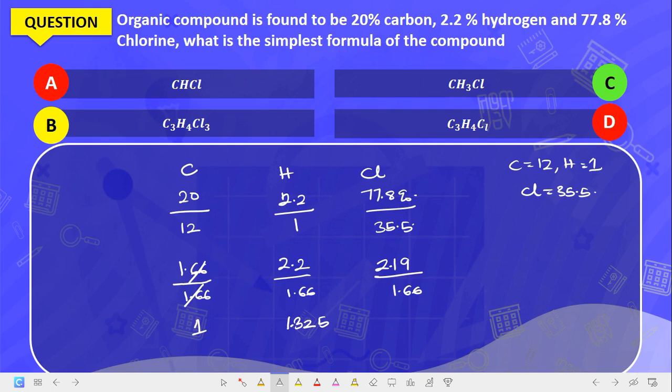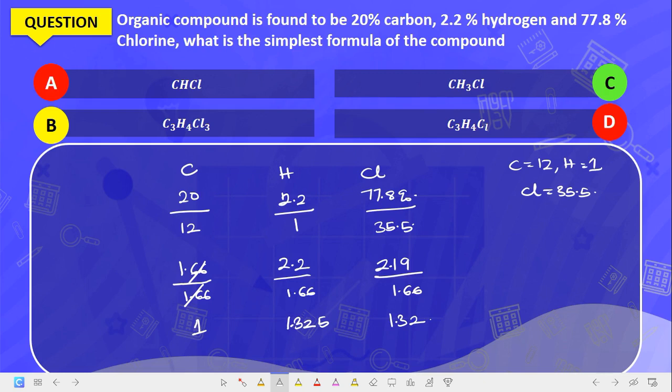Then 2.19 divided by 1.66, that is 1.32 also. So this is 1.32. Now at the end of the day, what do you do?